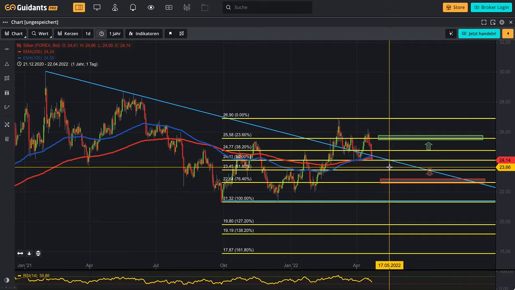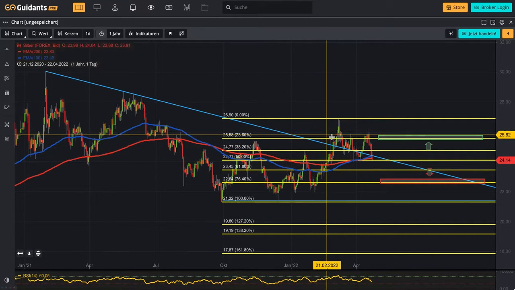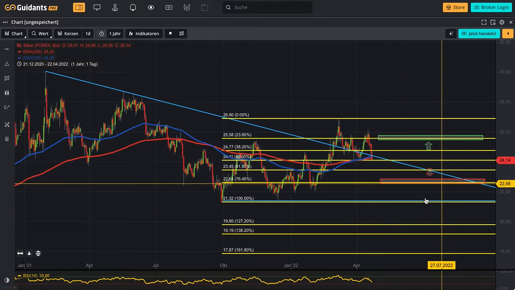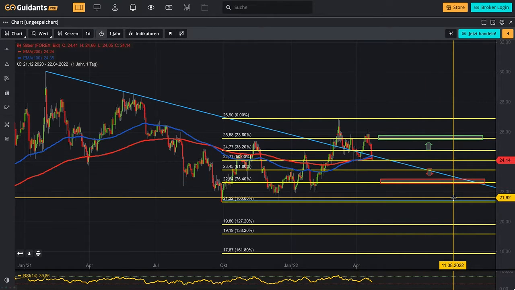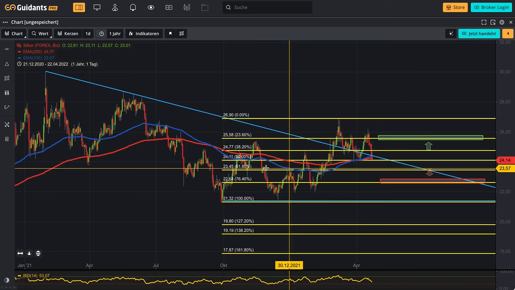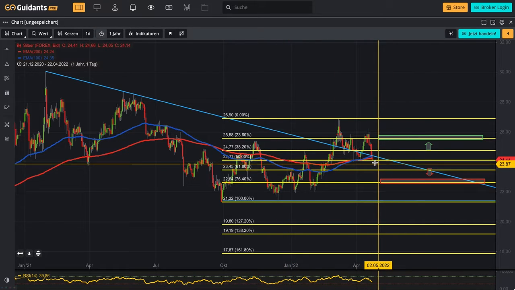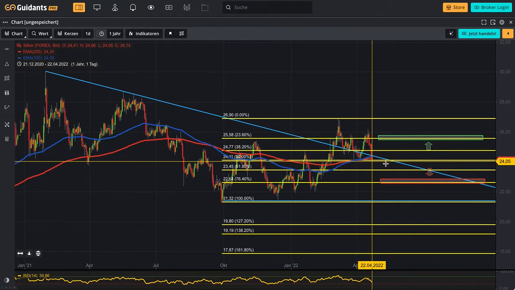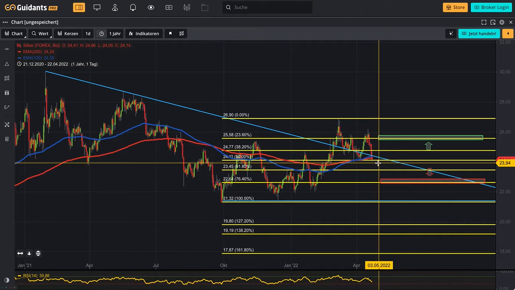For example, it keeps on saying that the silver price could be on year average around 23.90. So the average could be something where we are, very close heading to. So this is something like the average price of silver for the year 2022, if you simply listen 100% to the World Silver Survey 2022.